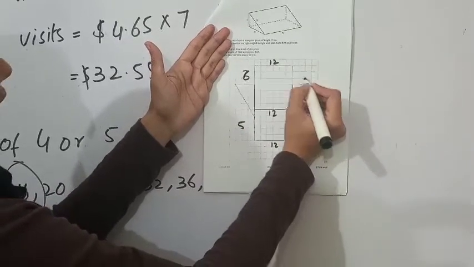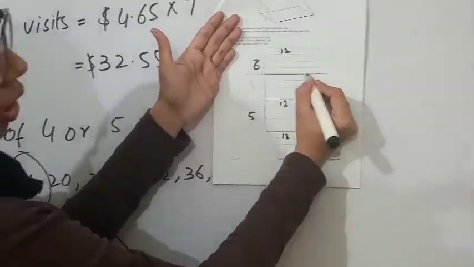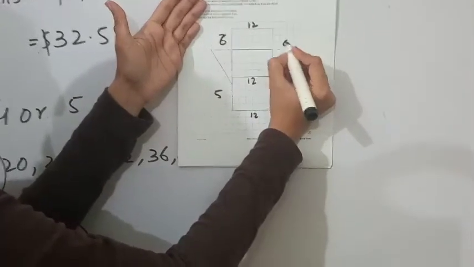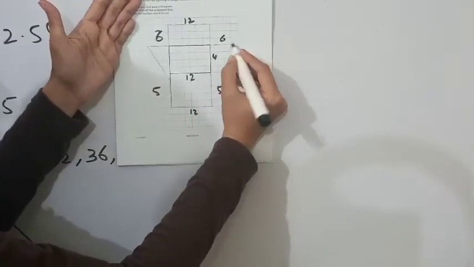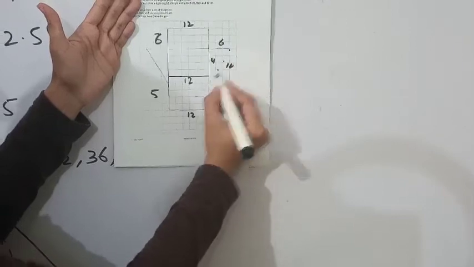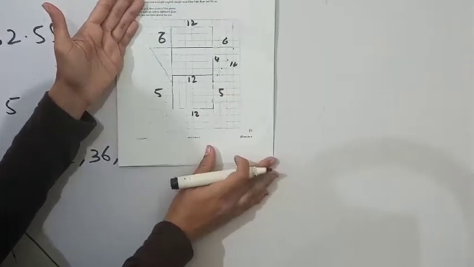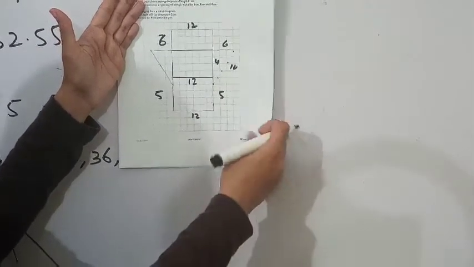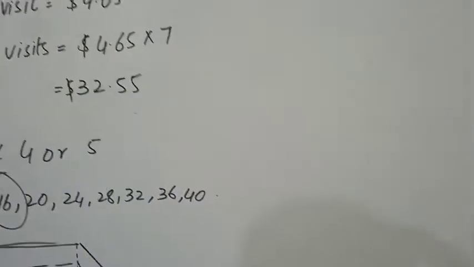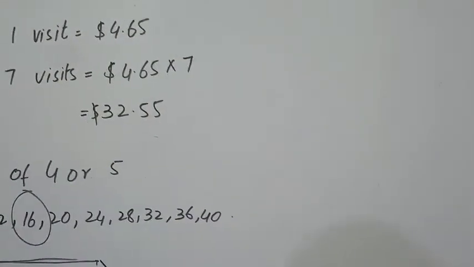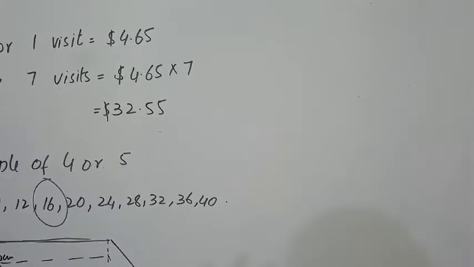Again, the triangular height is 6, so I have taken these 3 boxes. So this is 6 and these are 10: 1, 2, 3, 4, 5. So 5 boxes I have taken from there. Okay. Now come towards question number 9.